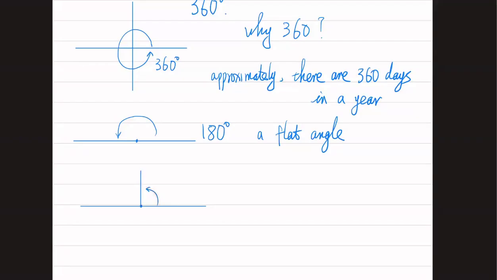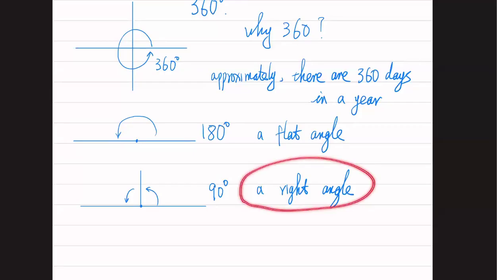Okay, so 90 degrees is half of a flat angle. These two parts are the same. We call it a right angle. Many of you have seen this before, a right angle.